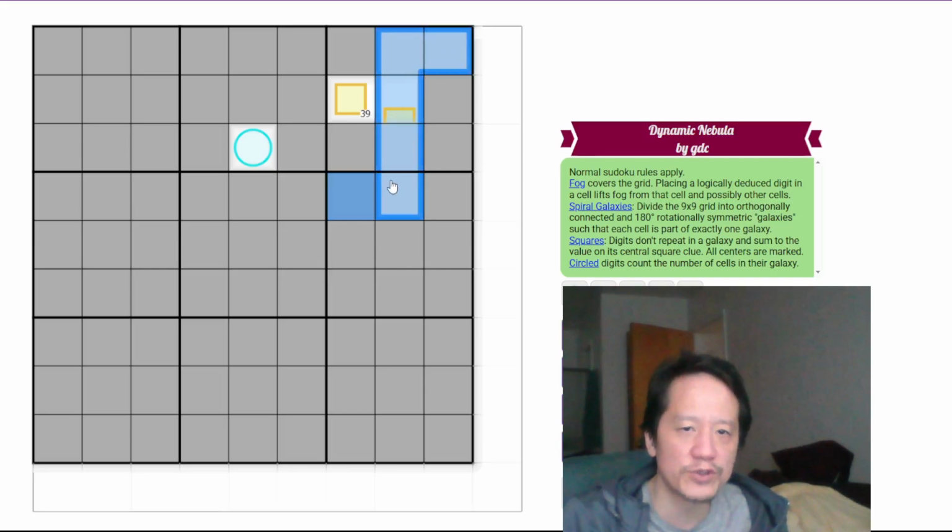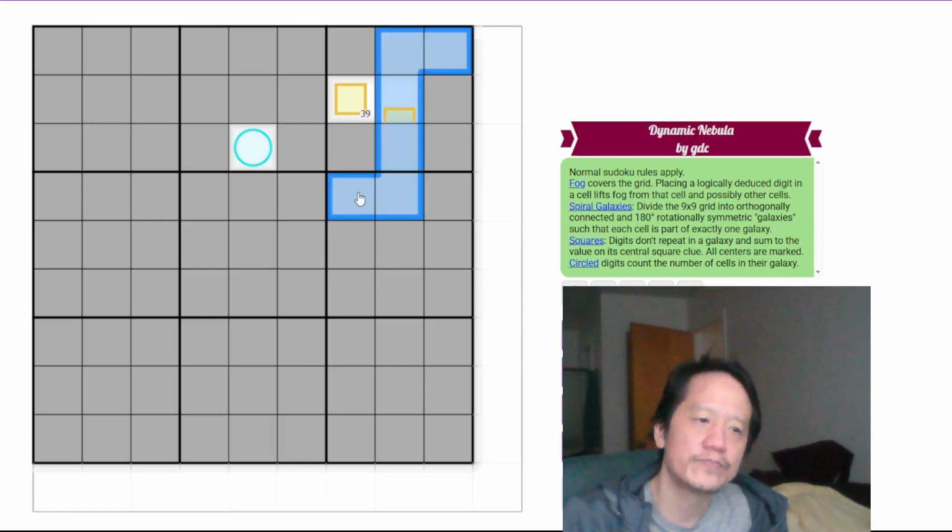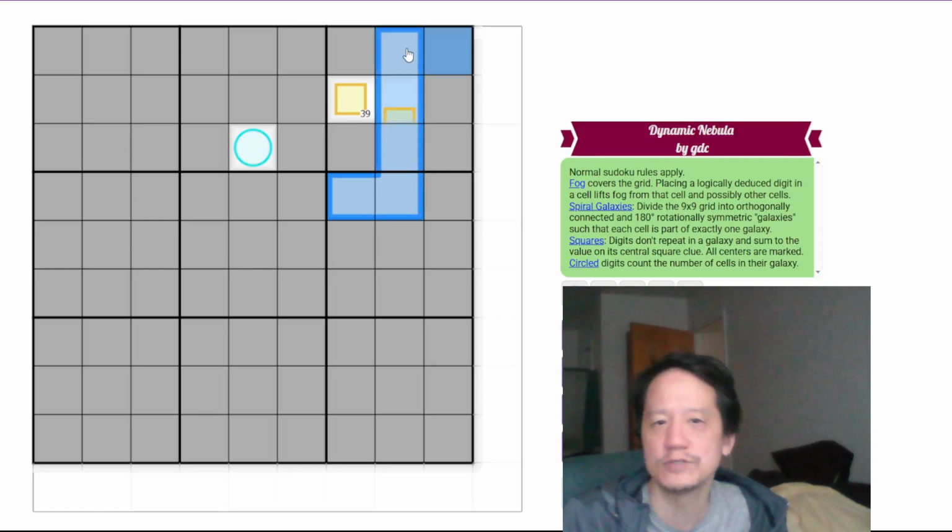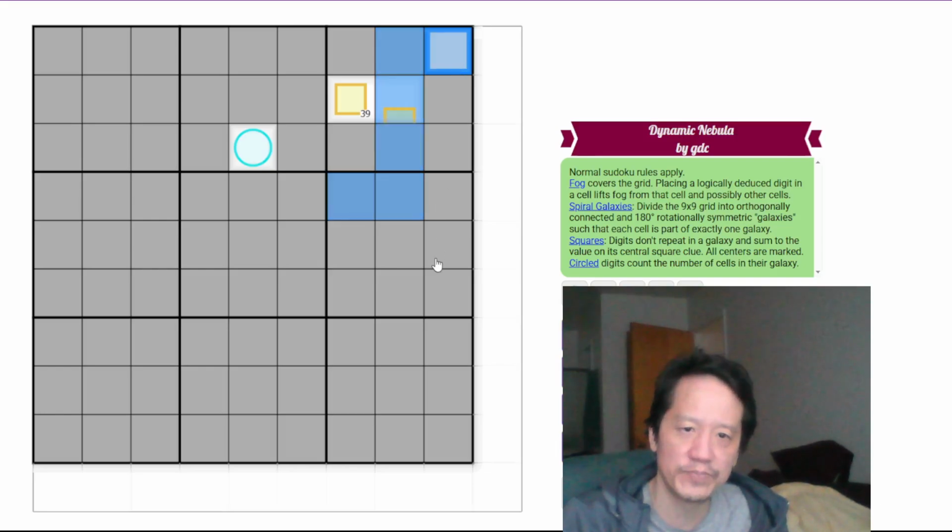So this is an orthogonally connected region, because if you try to go from here to here, you can always go through another cell in the region and go edge to edge. So you can go through that edge, that edge, that edge, to reach this cell.